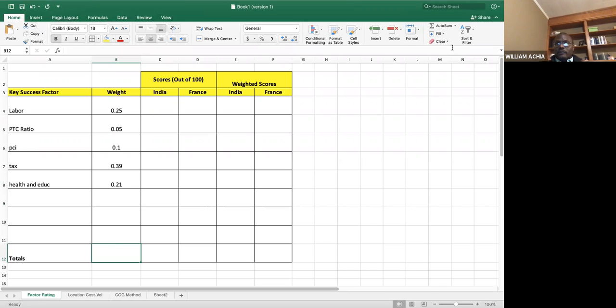So go to my auto sum. Okay, and I'd put a different country here. We had France and Denmark.